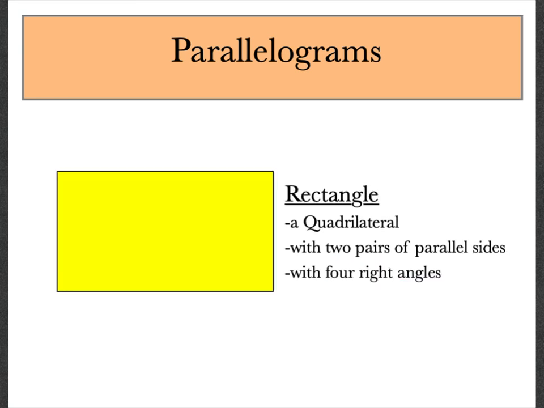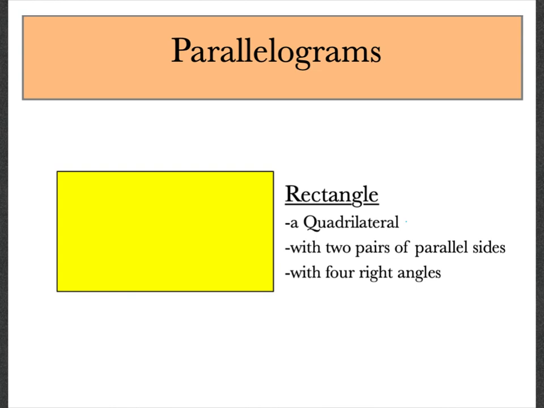An even more specific type of parallelogram is a rectangle. We've seen these for a long, long time. It is a quadrilateral, so yes, it has four sides. It is also a parallelogram, so it has two pairs of parallel sides. Here's one pair, and then the two other sides are another pair.